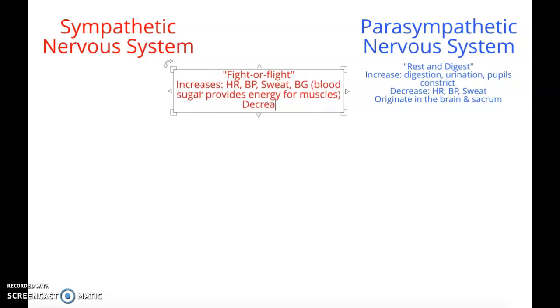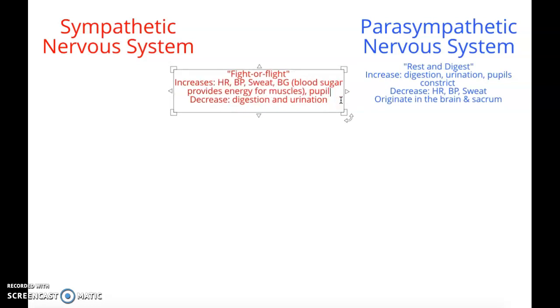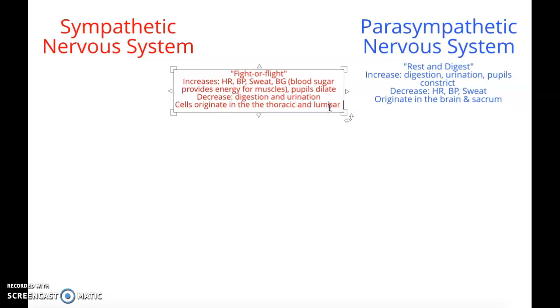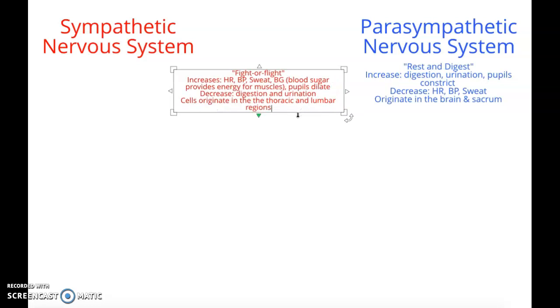We decrease digestion and urination. The pupils dilate so that you can get more light into the eyes so that you can see better. Cells originate in the thoracic and lumbar regions.